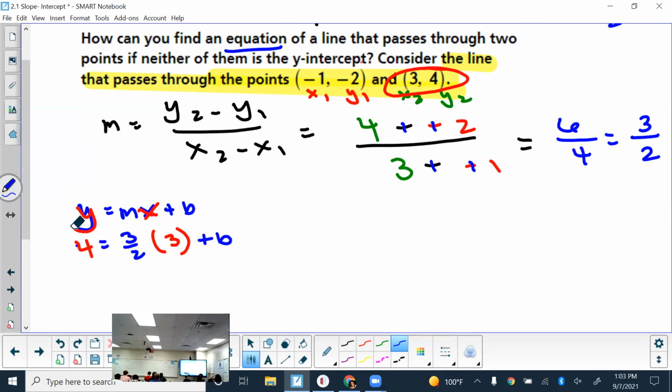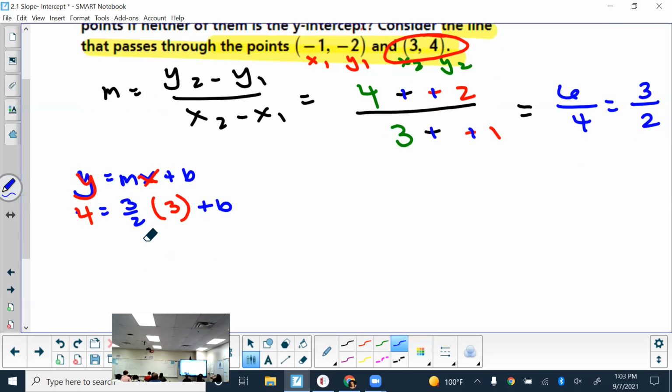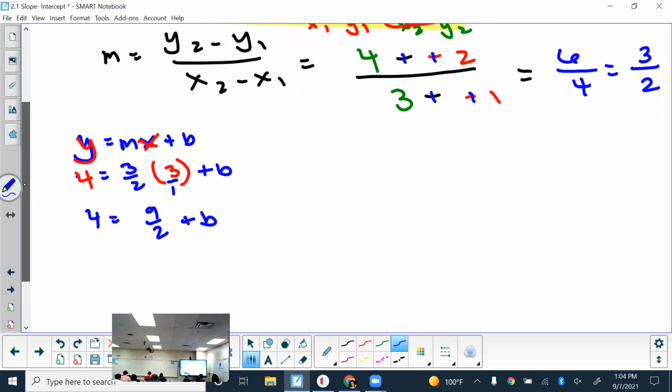All right, so don't lose sight of how to solve. You guys know how to solve these. First, what's 3/2 times 3? 9/2. So it's 3 times 3, and then 2 times 1. So 9/2 plus b. How can I get rid of the 9/2?